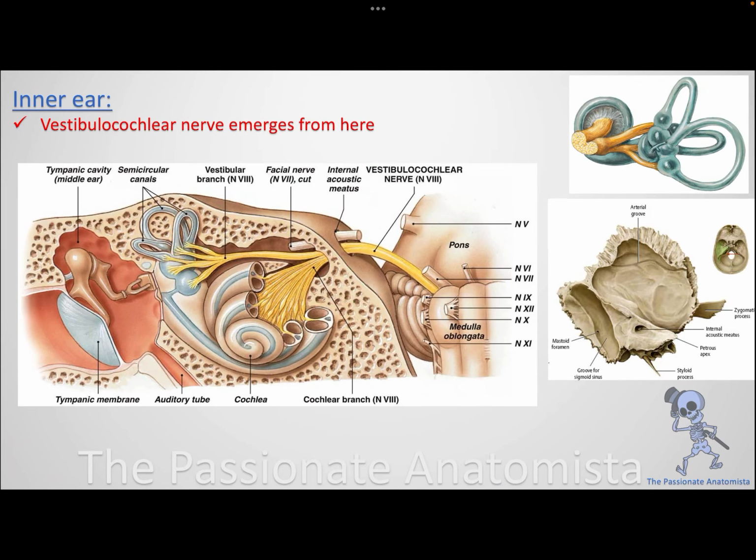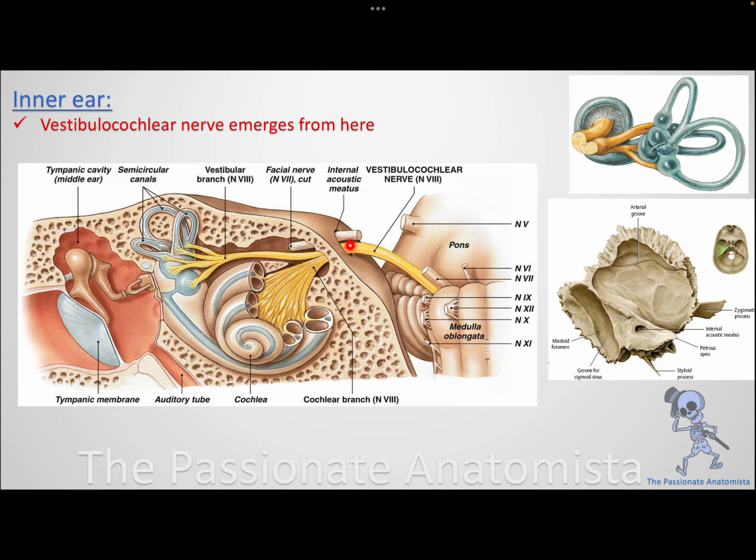Now, what would be the nerve? The nerve that you know is the vestibulocochlear nerve. The vestibular part is going to take care of the balance. The cochlear part is going to take care of the hearing. They emerge from the inner ear through the internal acoustic meatus in the petrous part of the temporal bone.